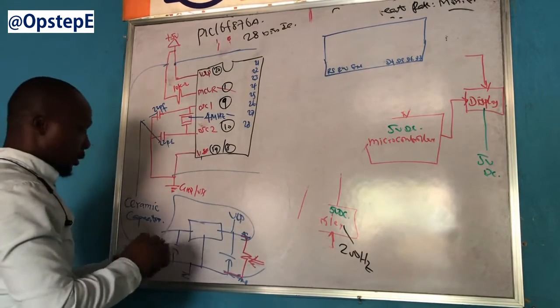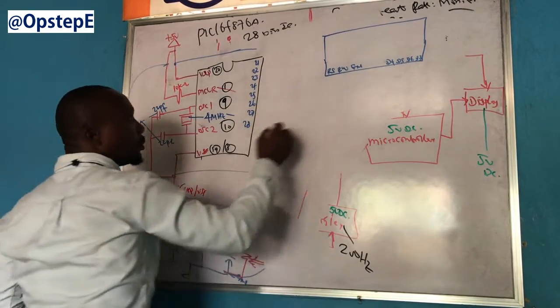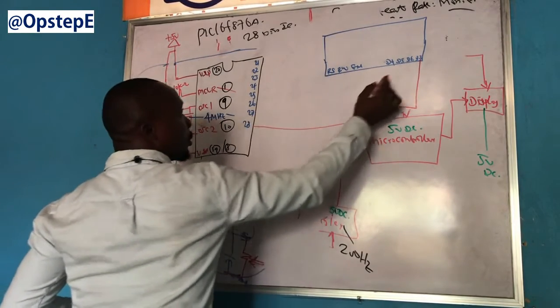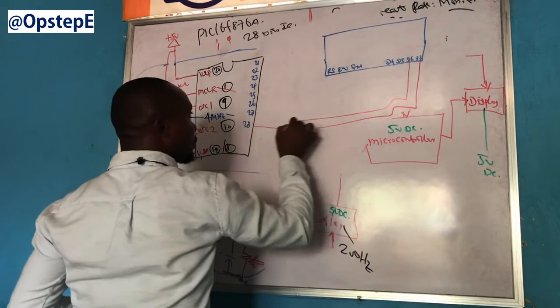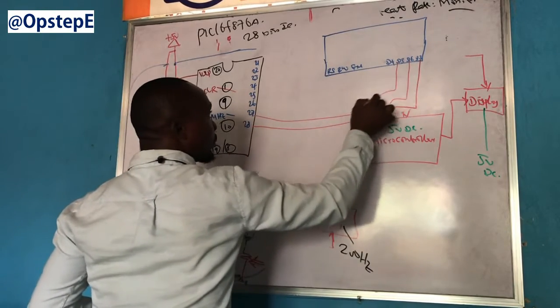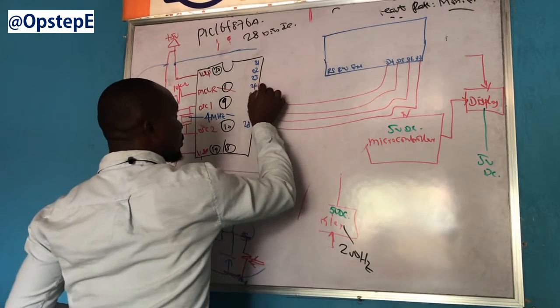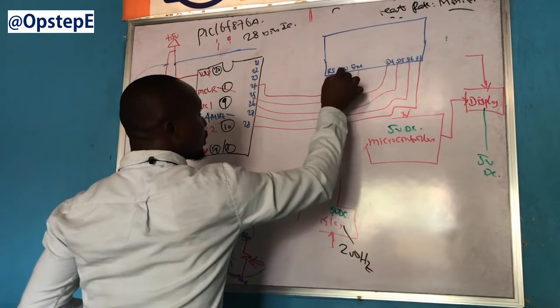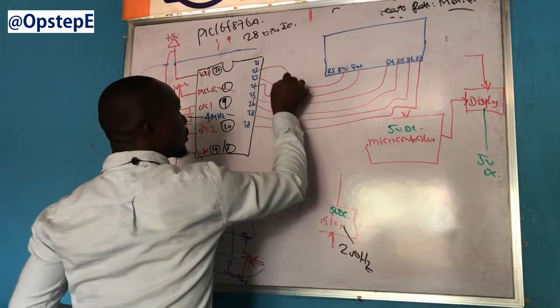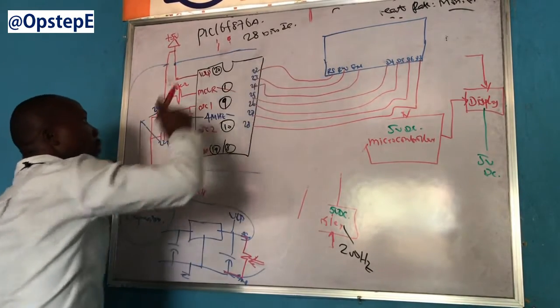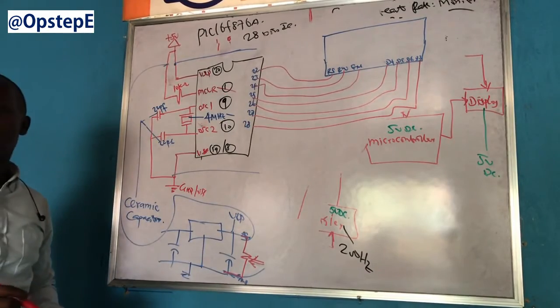I'll show you. Now, this one is connected here, followed by this one, followed by this one, followed by this one. This is connected. This is connected. Does it make sense?